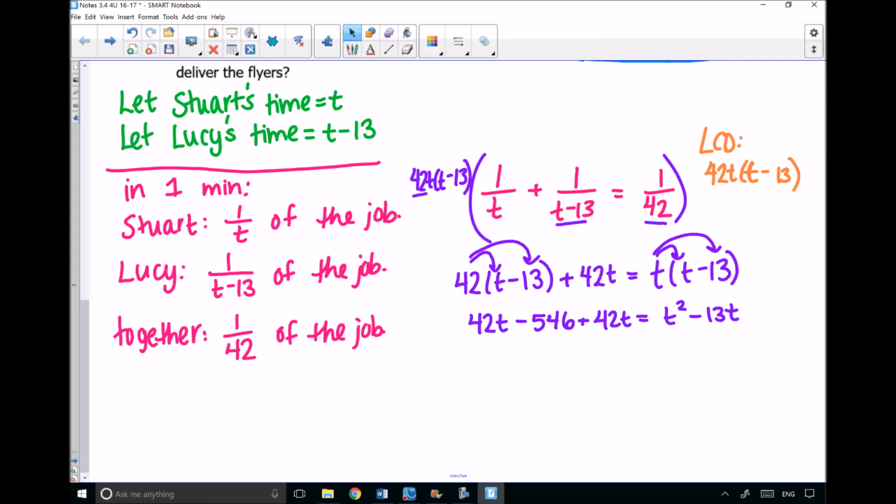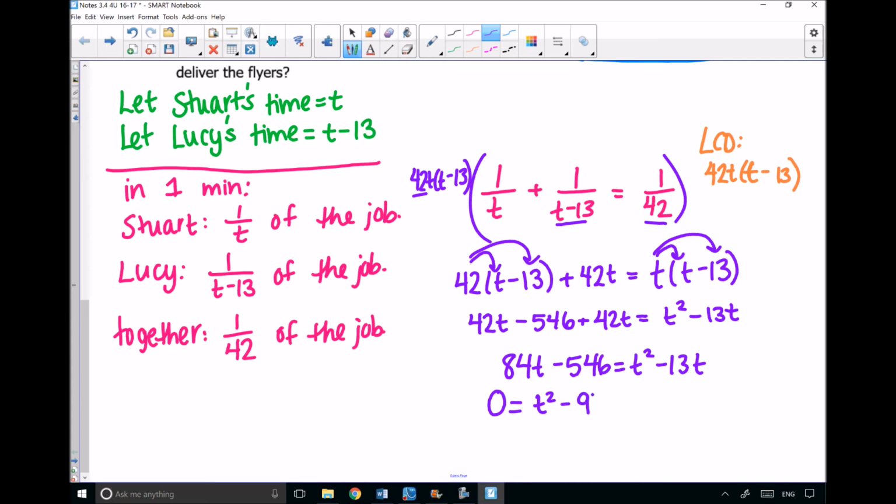On the left side, I'm left over with 84t minus 546 equals t squared minus 13t. Now bring everything over to the right side because we want our t squared to be positive. So I get t squared, and then negative 13t minus 84t is negative 97t. And then when I add the 546, this becomes positive 546.